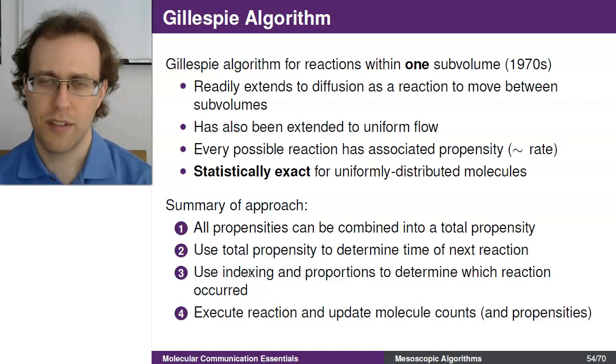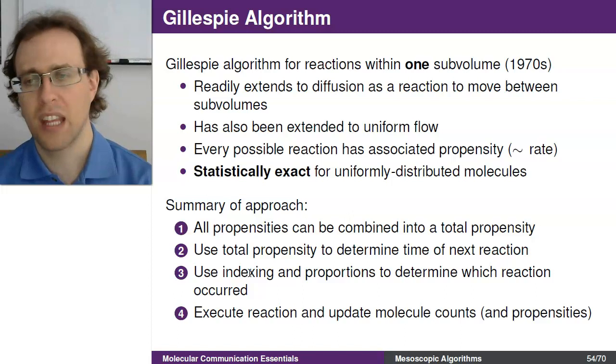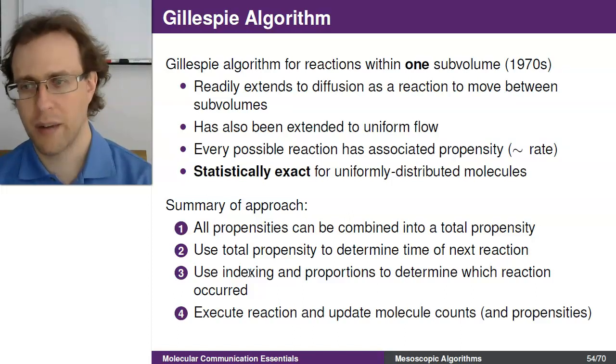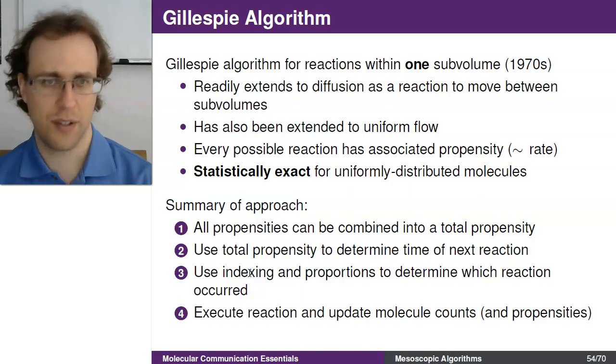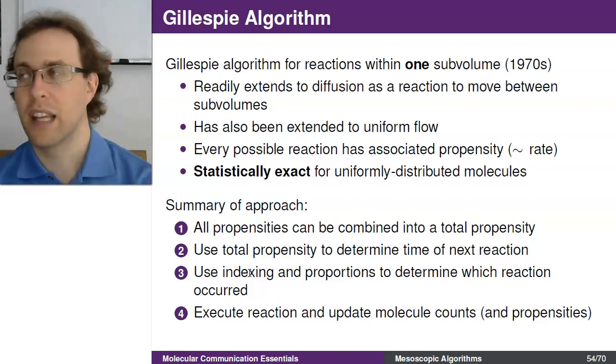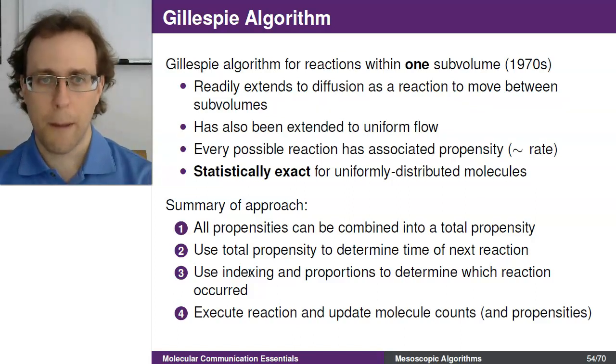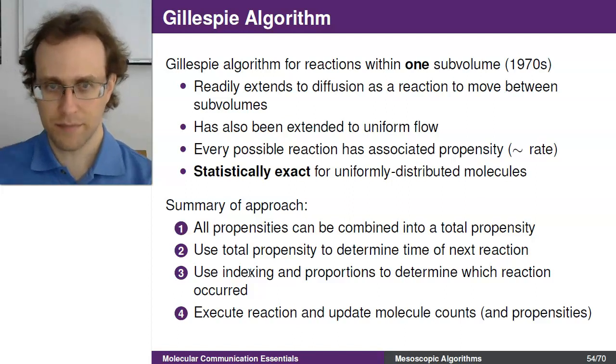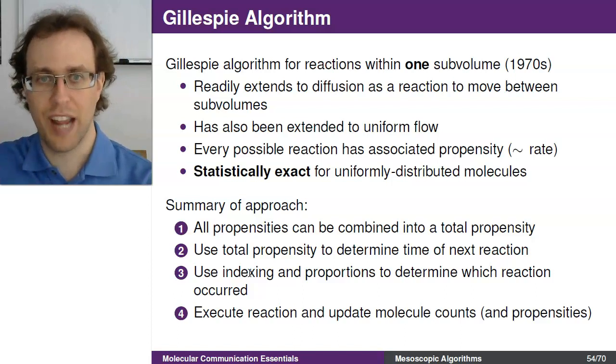But you can determine the time of the next reaction, then you execute that reaction and update the corresponding molecule counts, so take away reactants and add products. And then you update the propensities of any molecule counts that changed. And then you basically repeat the process. So in this way you go step by step. Even though you are modeling molecule counts, a mesoscopic simulation advances in individual reactions.